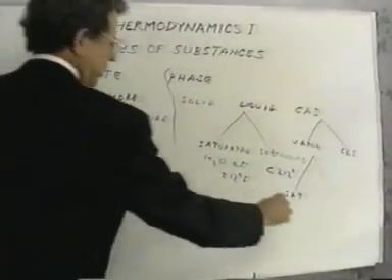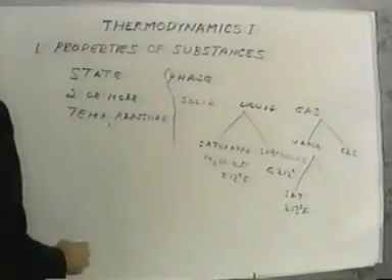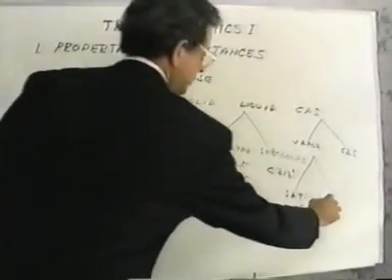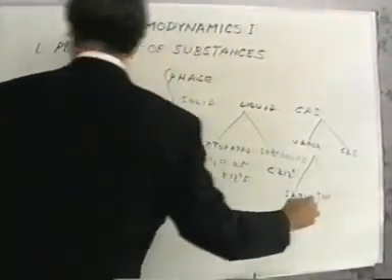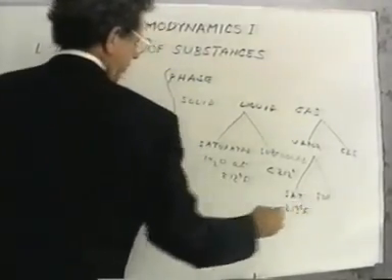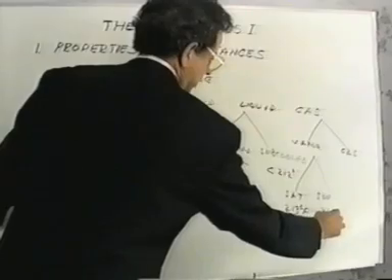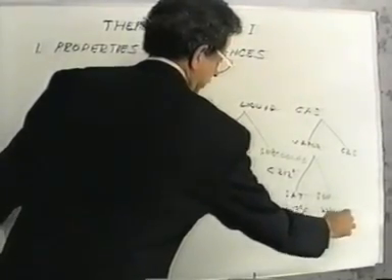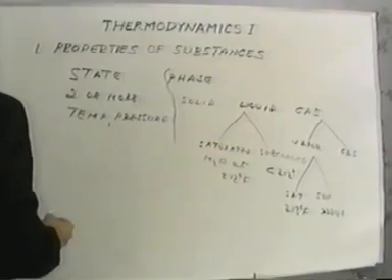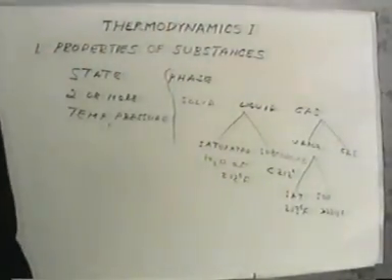This would be like water at 213 degrees Fahrenheit. And we can have superheated. And when we say superheated, we're talking about very, very hot, much greater than 212 degrees, quite a bit warmer than that. So that would correspond to a superheated vapor.